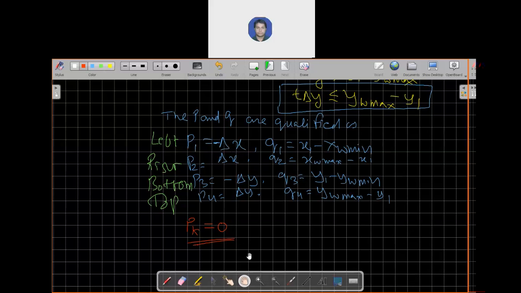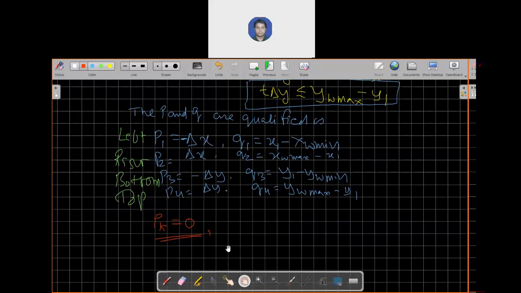If this value is 0, it means the line which is given is parallel to the clip boundary. If the value of pk is 0, the line is parallel to the clip boundary.